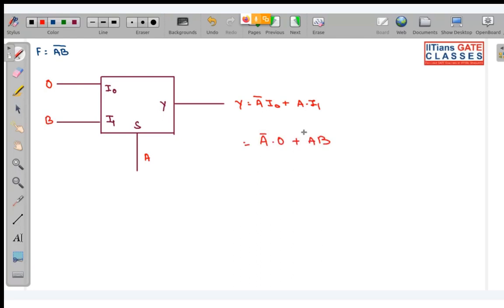Where am I getting the complement over here? This will be 0, so this is AB. Next is B complement and 0, as Shubham is telling me. If we take B complement 0, this will be A complement B complement plus A dot 0. So again this will be A NOR B.